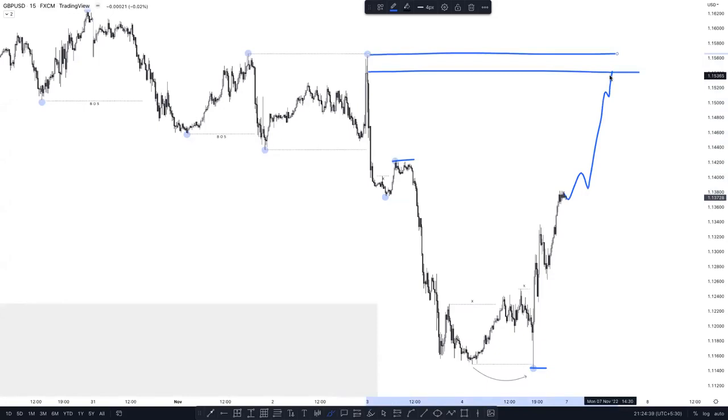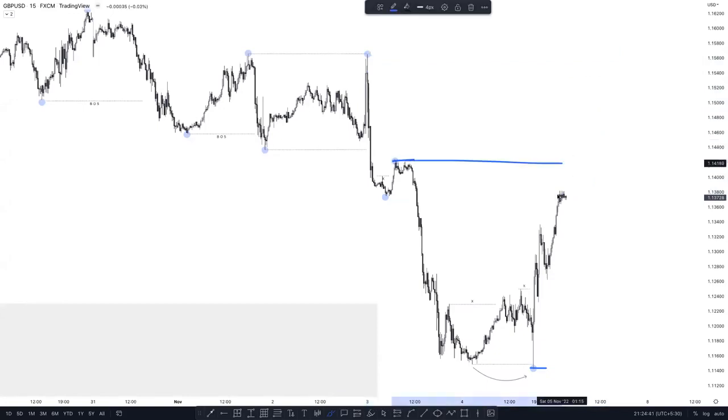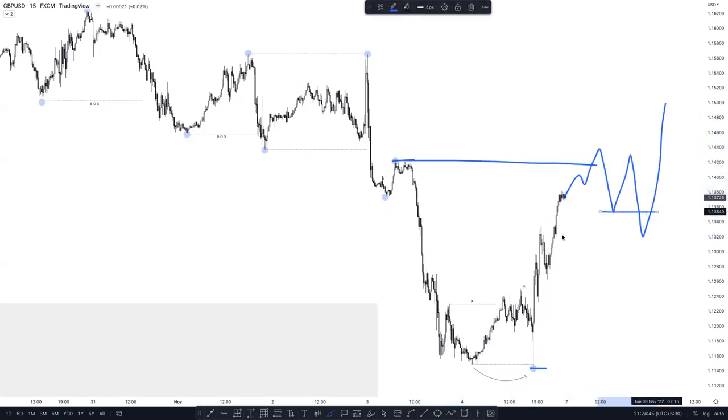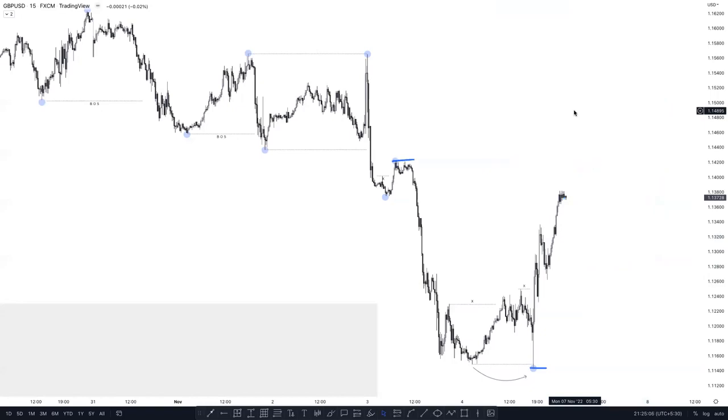But if market breaks this high, right, then go higher for the buy, because the daily time frame is looking for the pullback to the upside before the drop, right? So if market gives any buy side opportunity, then definitely take buy entries here, right? So this is a possible scenario in GBPUSD as per the 15-minute structure.